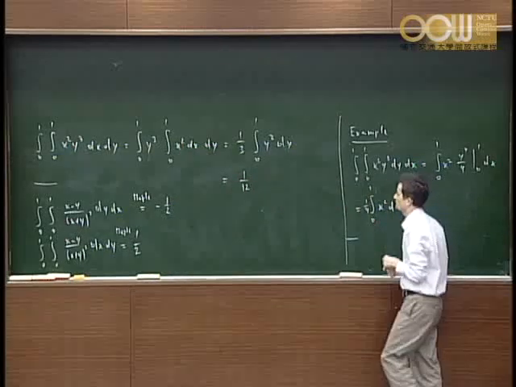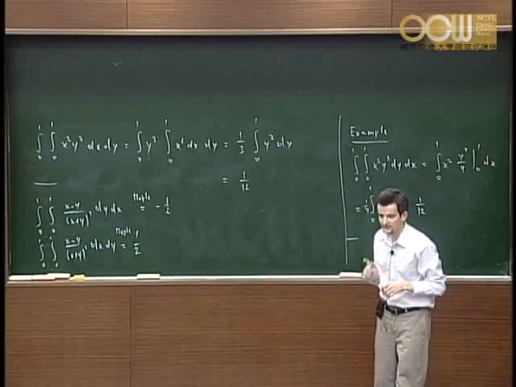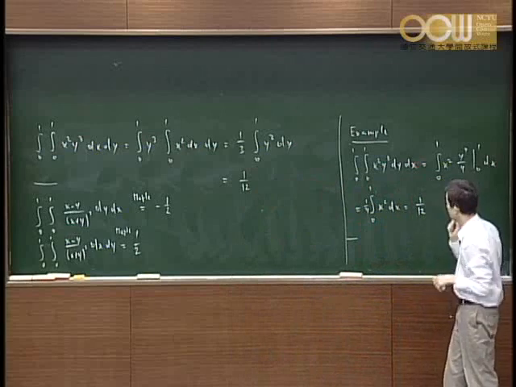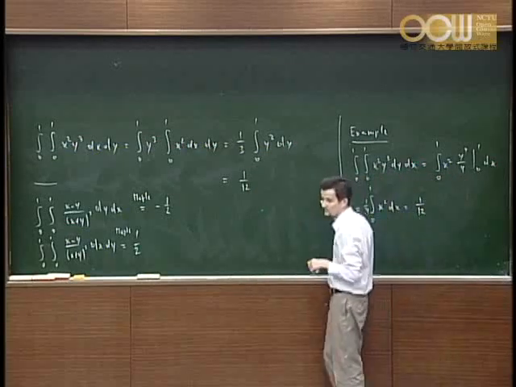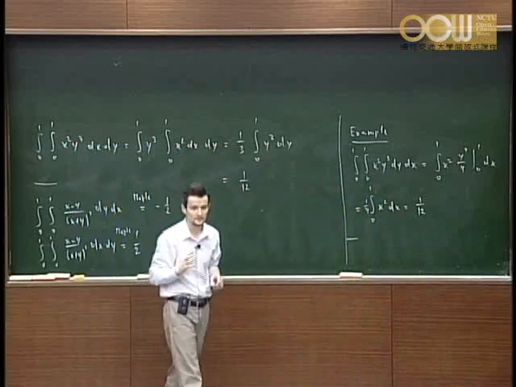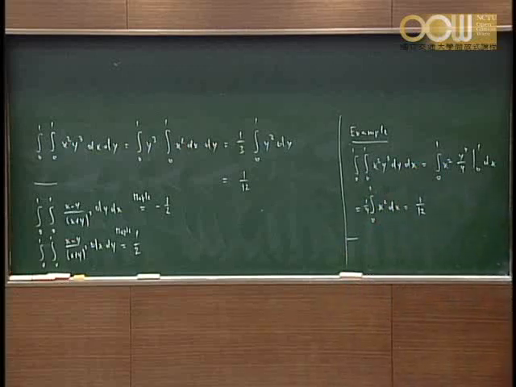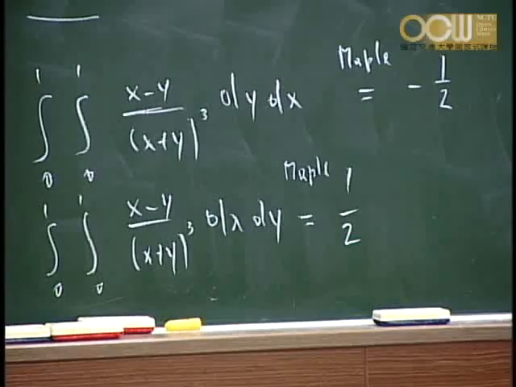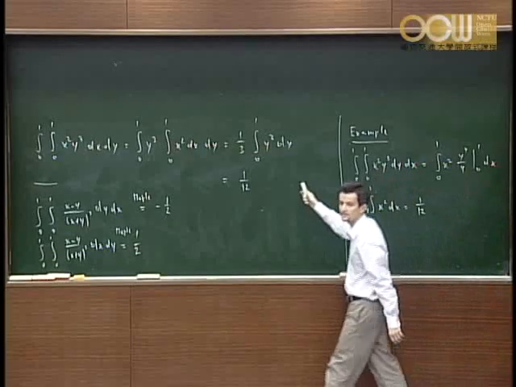Now, what we want to understand is, under which conditions do we get the same? Under which conditions is the order of integration irrelevant for the result? There is an important result of Fubini which tells you that you are lucky in almost all the situations.